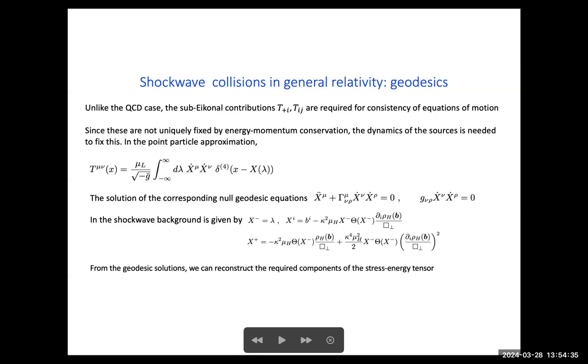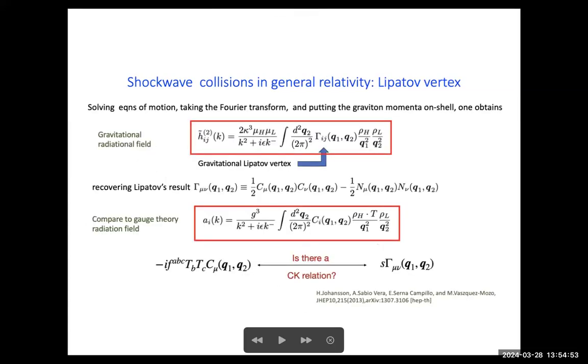These sources are mass densities, so you're expanding in powers of the mass densities of the colliding objects, and you can do this systematically. And so you can reconstruct the missing components of the energy momentum tensor on the light cone. So you can solve the full problem on the light cone.